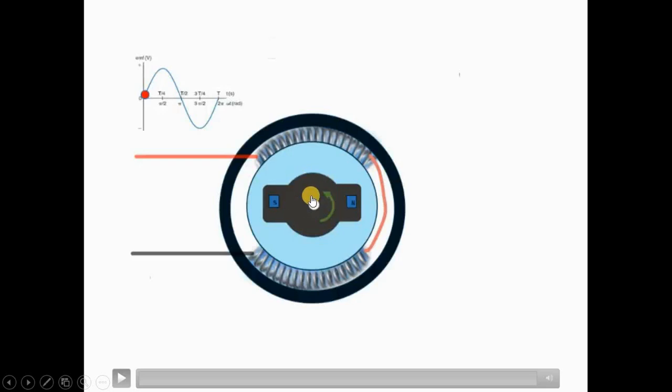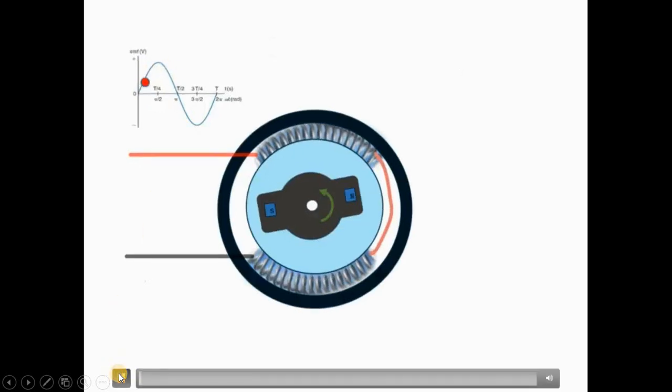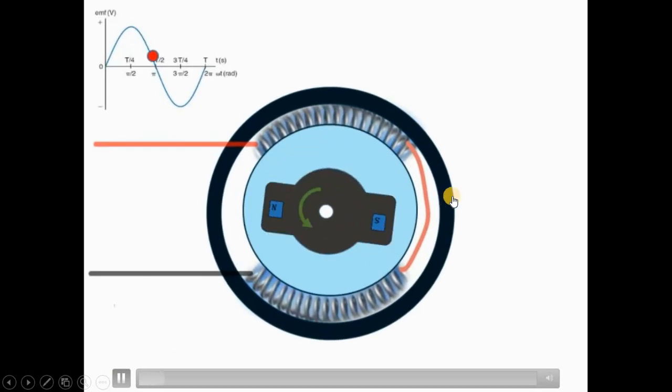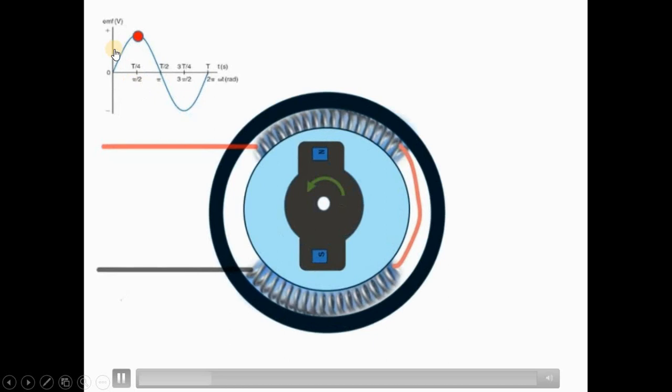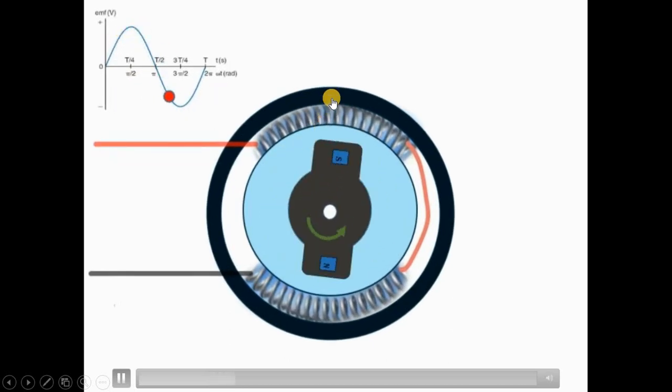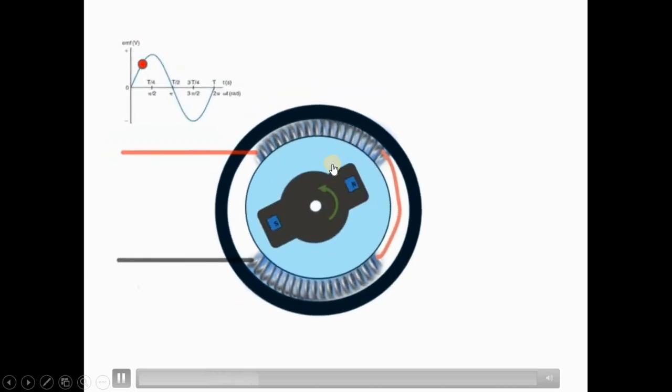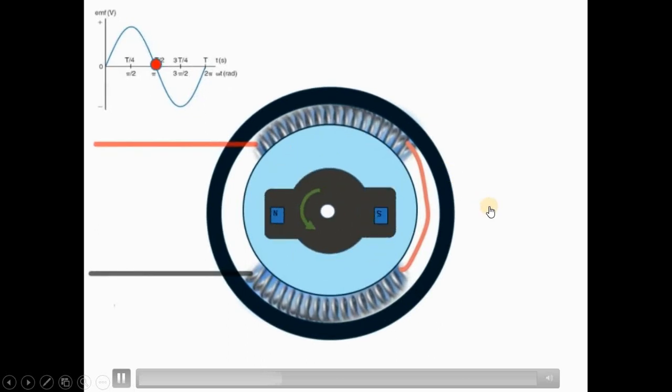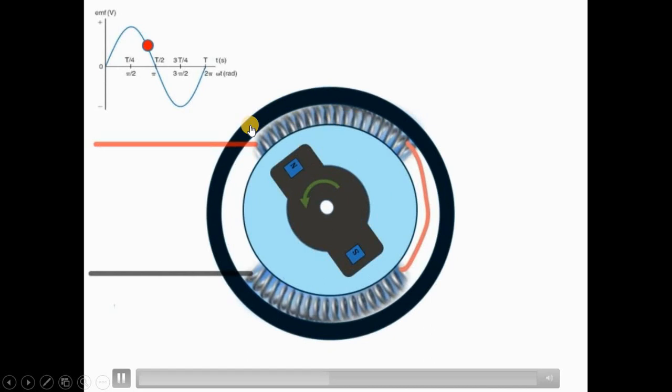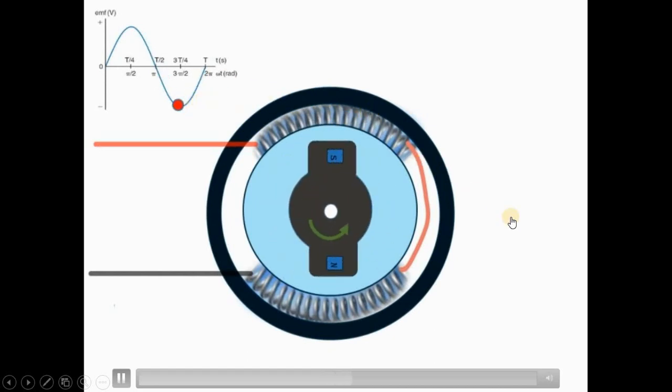So when the rotor is rotated, see what happens to this red bulb, what happens to this induced EMF, how it varies. So when the north pole moves towards the coil, induced EMF is increasing, reaching maximum at 90 degree, once again becoming 0. When the top coil is under the influence of south pole, induced EMF is negative.